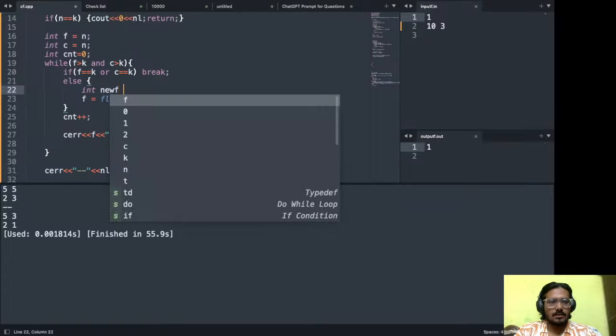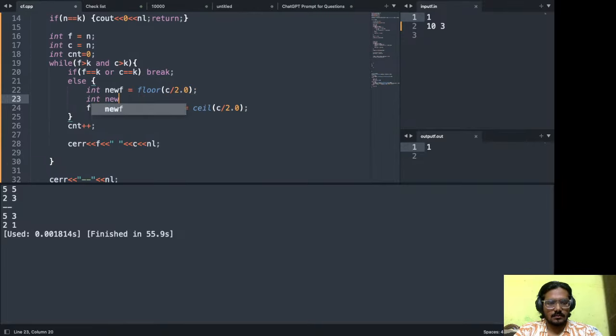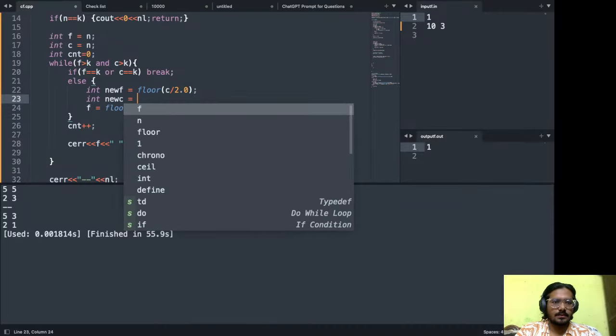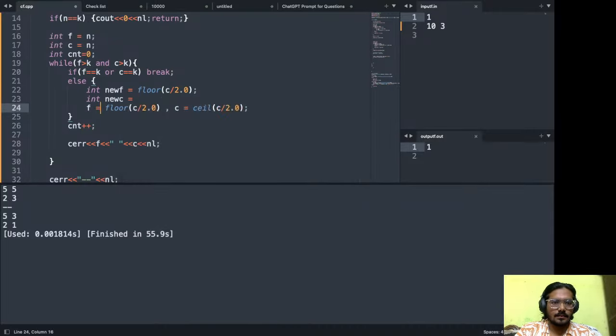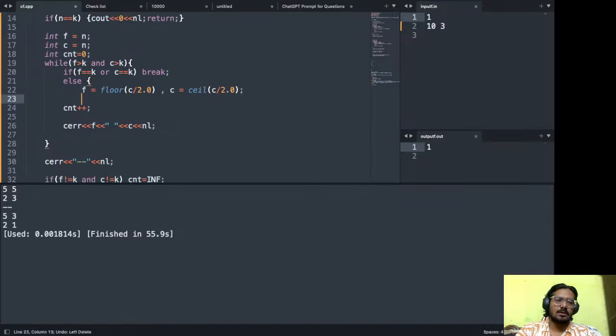New floor equals to, new seal equals to... or we can do just a simple trick.